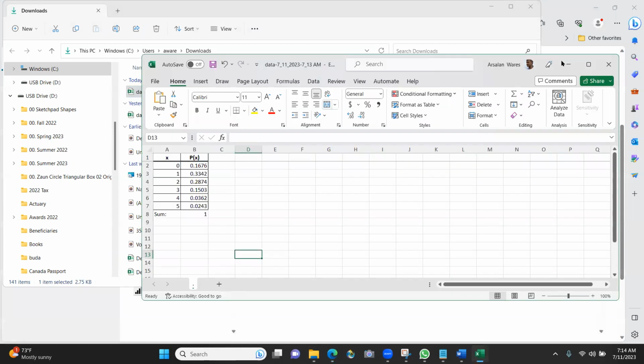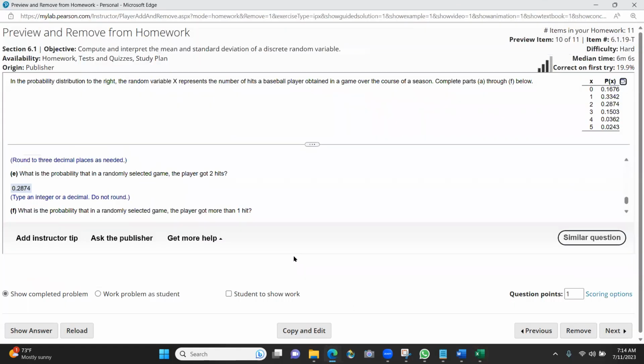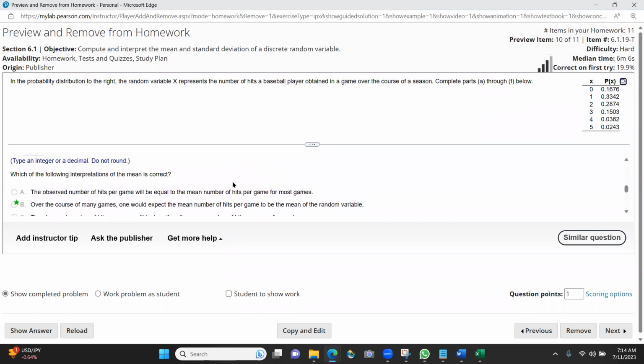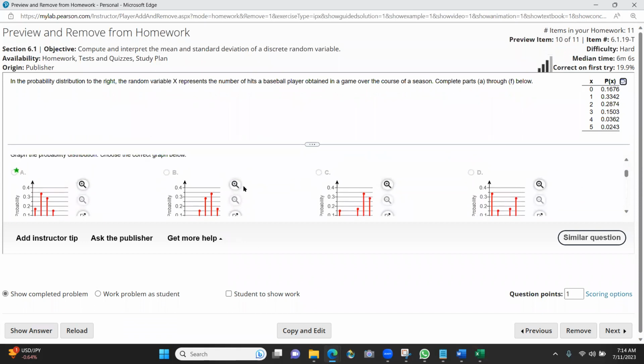Going back to this problem: what is the probability that a randomly selected player got 2 hits? Okay, I'm getting a little ahead of ourselves. They want you to choose the graph.